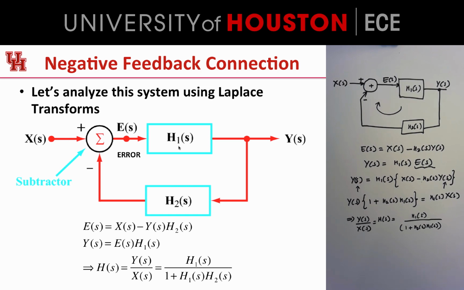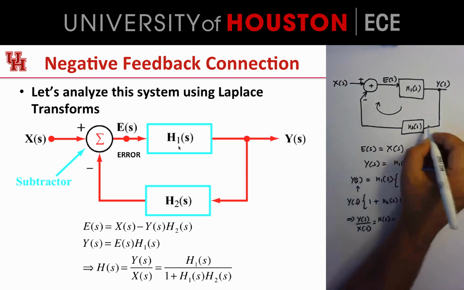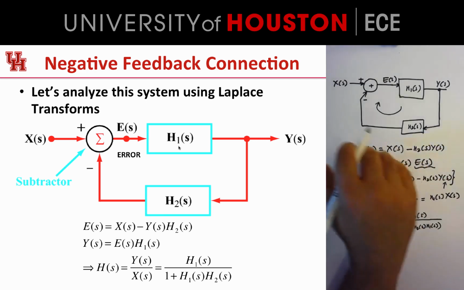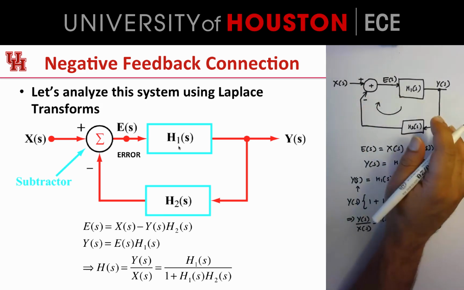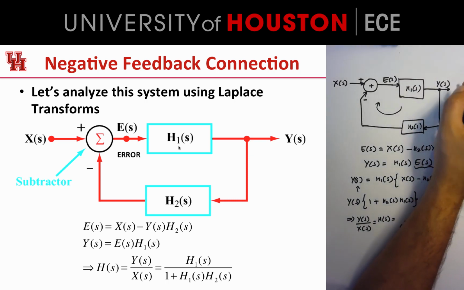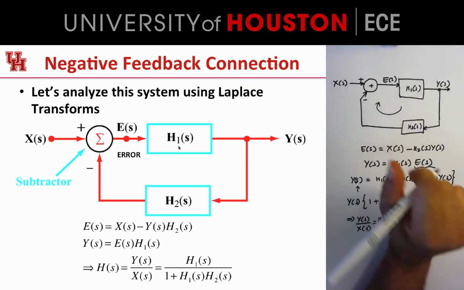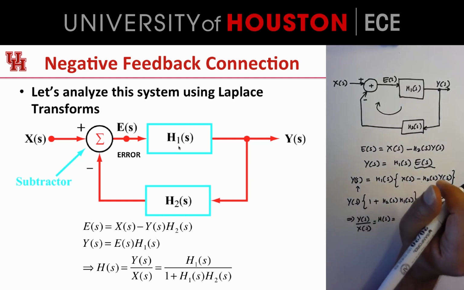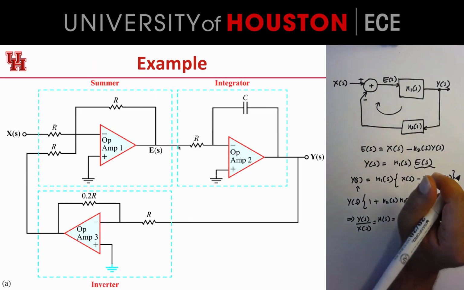Now, this is the subject of an entire course. You're going to take a course on control systems where these kinds of systems will be explored in much greater detail. For the purpose of this course, we'll leave it at this level, except we'll take a quick look at an example.